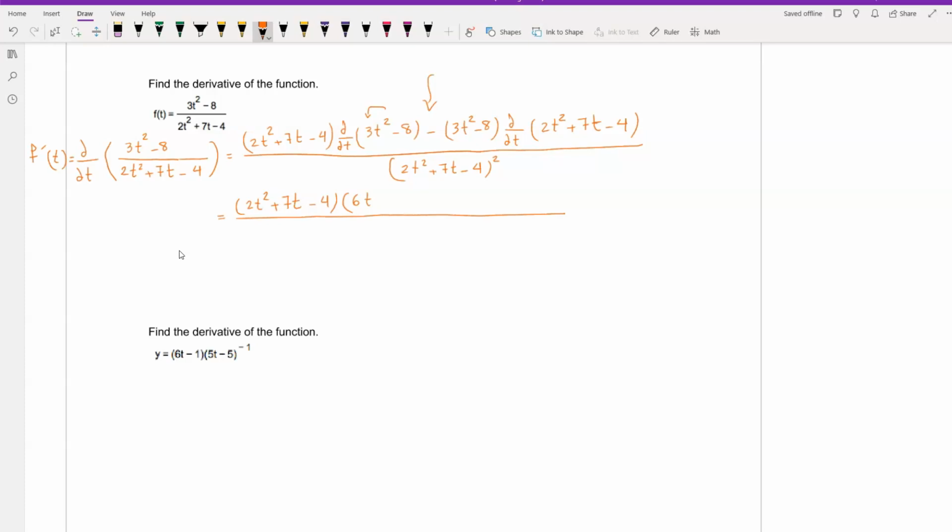So here we have derivative is 6t, minus 3t squared minus 8 times, finding derivative. So we have 2 times 2, here is 4t plus 7, derivative of -4, that part is 0. And divide by what we have in denominator.